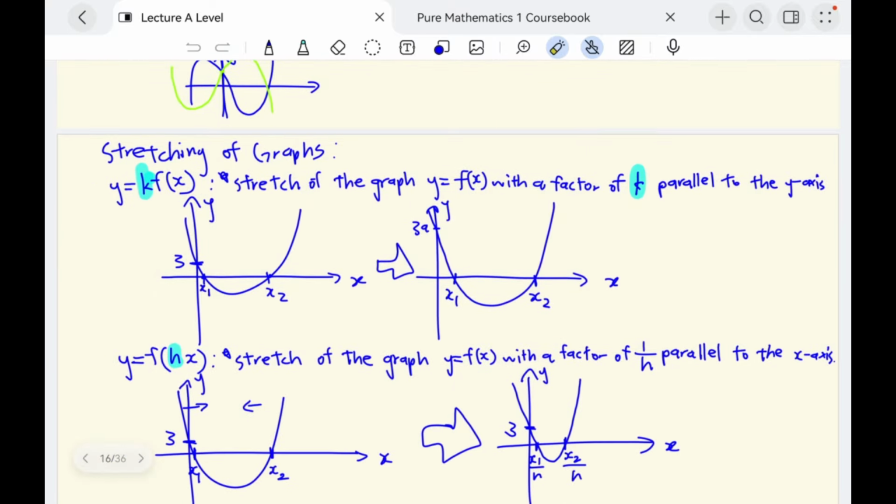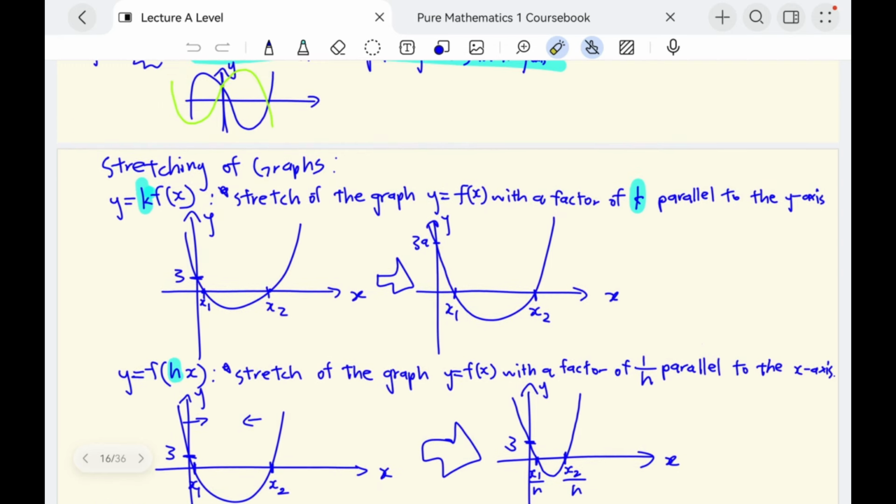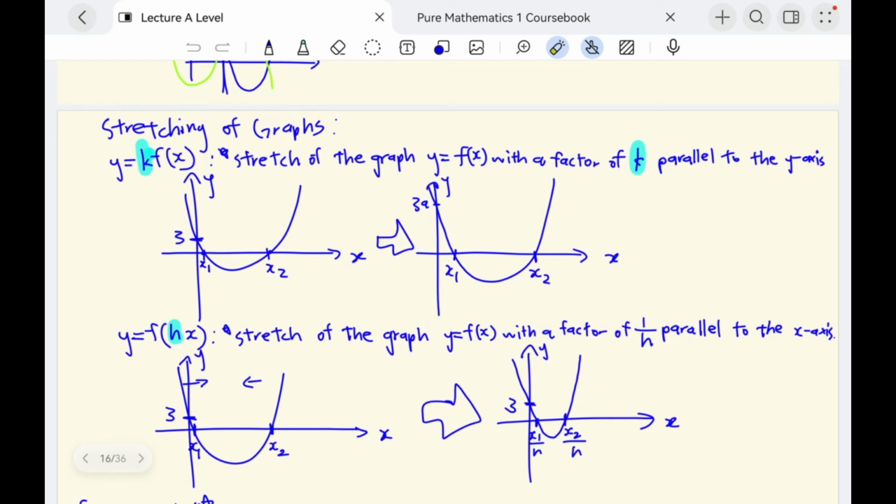Okay, so let's cover the final part of the transformation, which is the stretching of the graph. Okay, that means when given y equals to fx, you transform the fx into k times of the fx as your new function, by multiplying by a constant k. Any multiply times outside of the fx, there is a stretch of the graph y equals to fx with a factor of k.